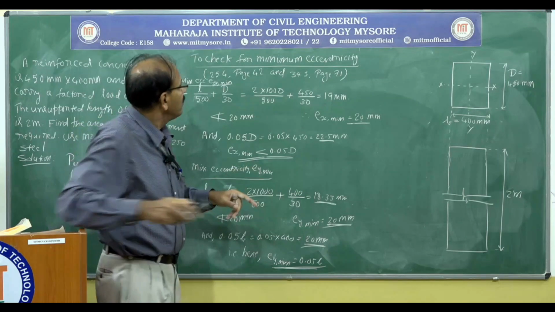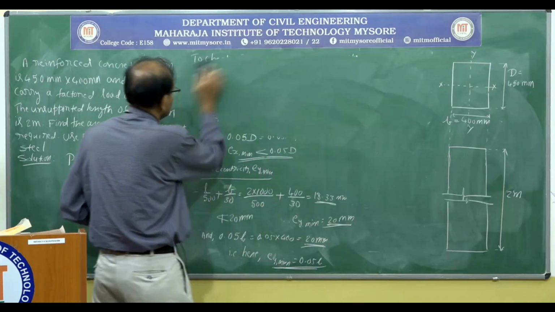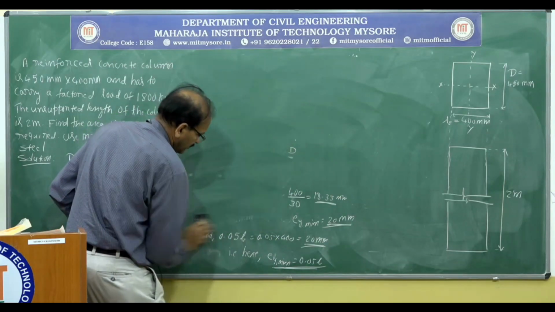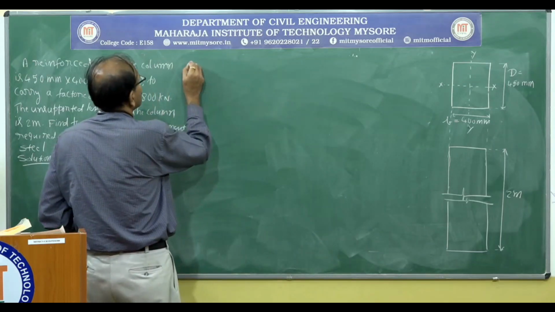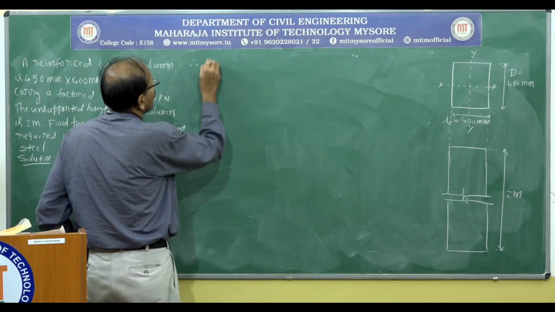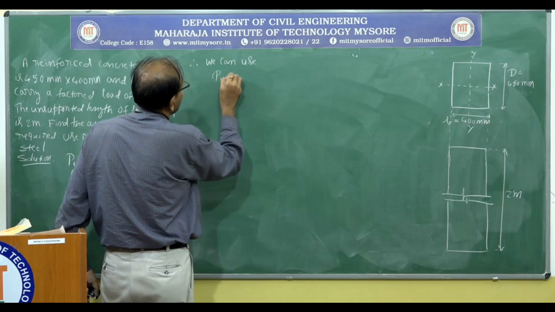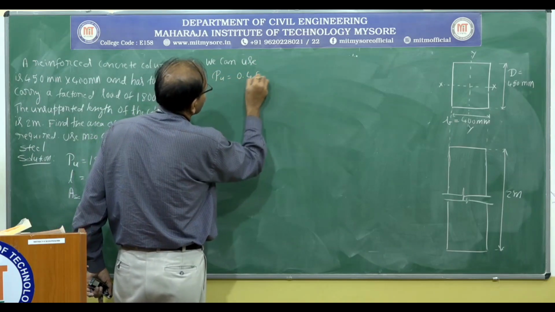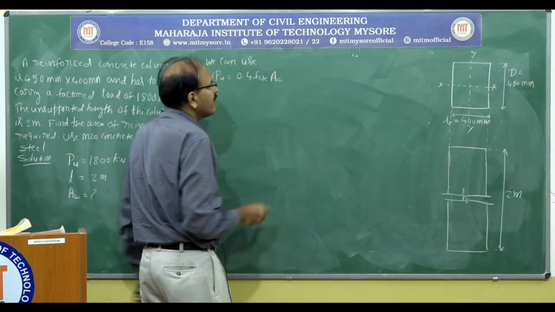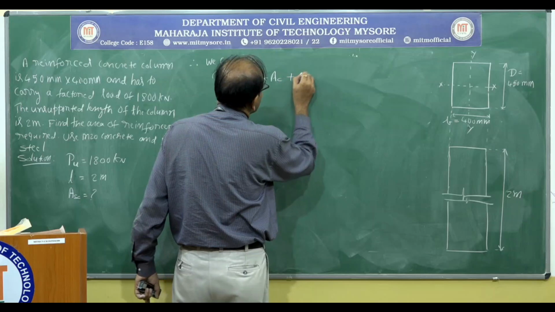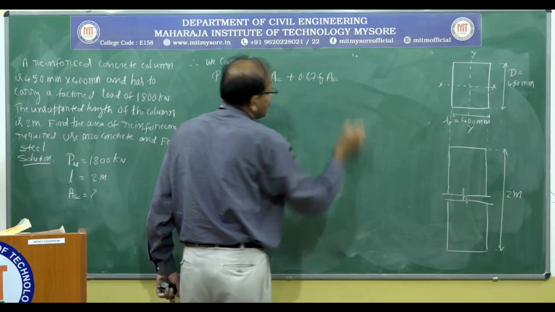Therefore, we can use Pu equals 0.4 fck and Ac, that is the area of compression concrete, plus 0.67 fy and area of compression steel.